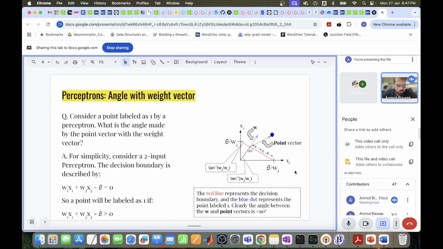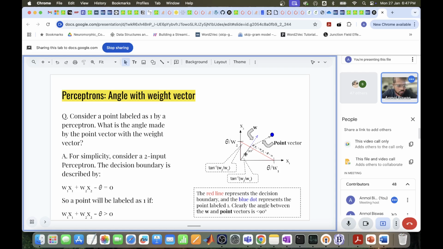So you have x1, x2, which are your two axes. You have a decision boundary line, which is shown in red, and you have a positive sample which is shown in blue. The point vector looks like this, and the weight vector, like I said, is the normal to this decision boundary line.